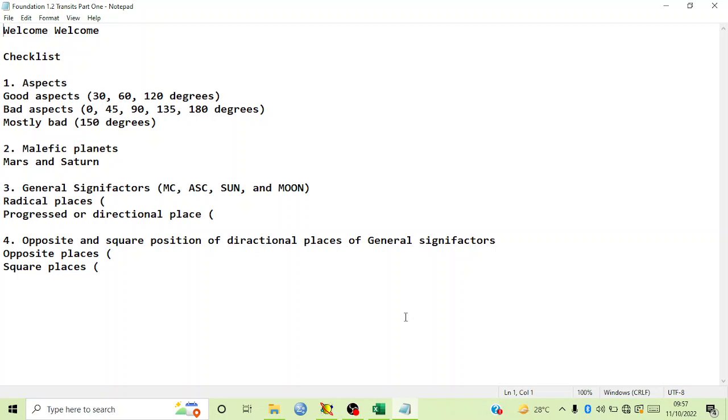If two planets are aspected by a good aspect, let's say Saturn, which is a very bad planet, is aspected by another planet, let's say Jupiter, and they have a good aspect, let's say 60 degrees of separation.